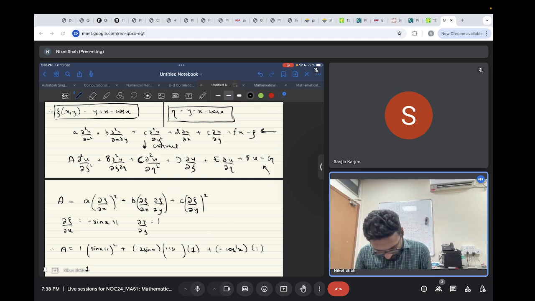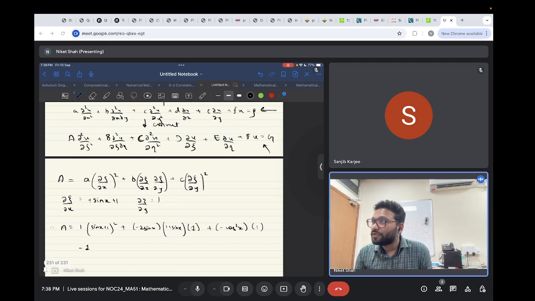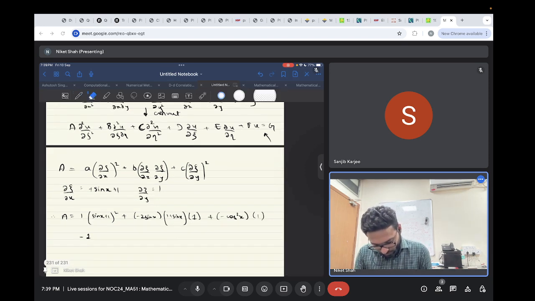1 plus sin x. I'm making some silly mistakes. This is equal to 1 only. What does this give me?